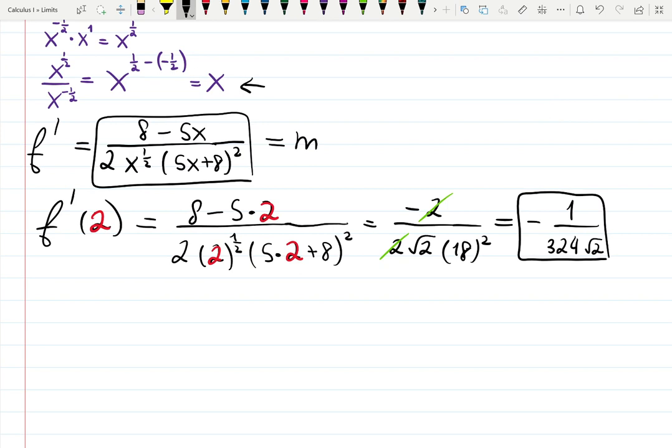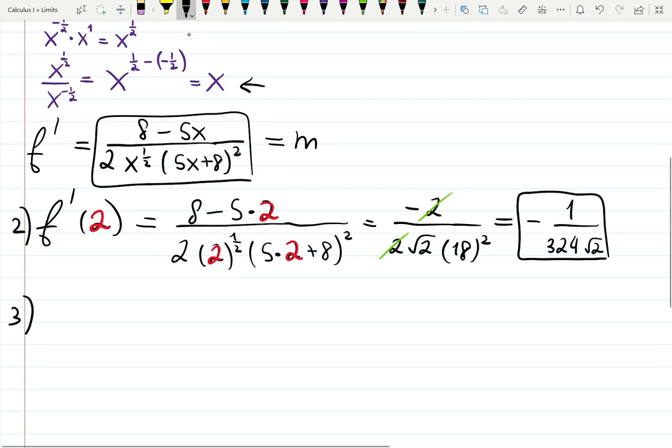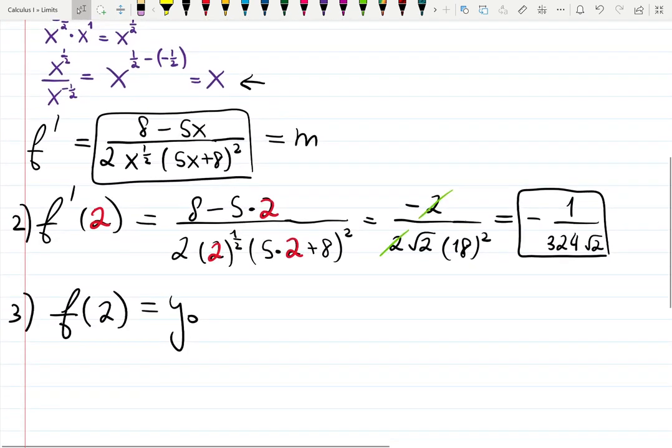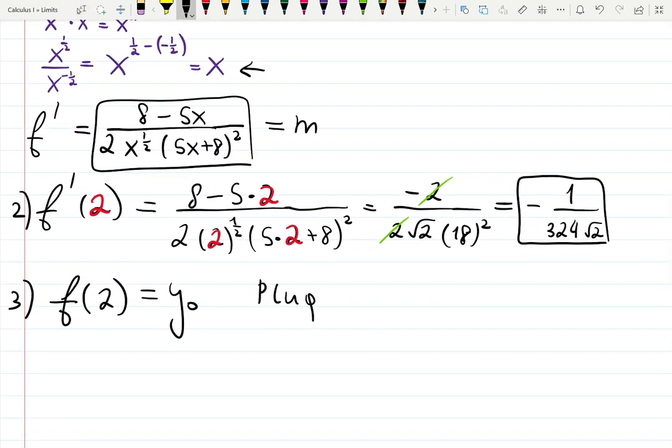And the last thing we also need to find, so that was step 1. Step 2 was plugging in 2. Step 3, find f of 2, which is y sub 0. That one was not given. Sometimes we give it to you, but not in this case. That means go to the original function. So plug 2 into the original function.